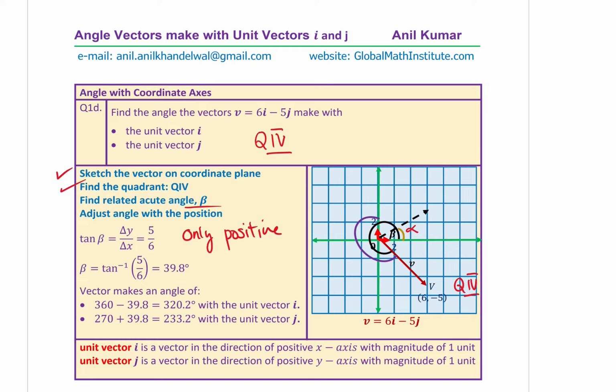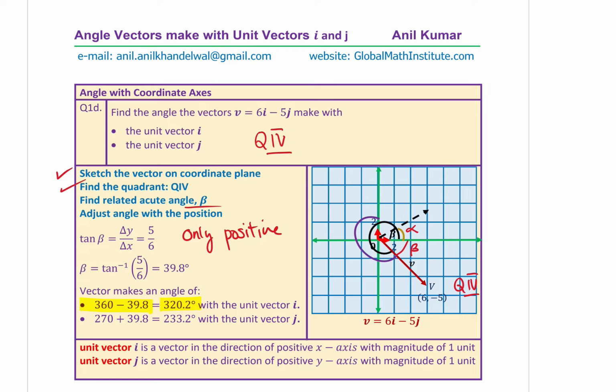And clearly, the angle which the vector makes with unit vector i is shown here, which is 360 minus the related acute angle. Does that make sense to you, right? So this angle is beta we're talking about. So we can say it is 360 minus the related acute angle 39.8. That gives you the answer.